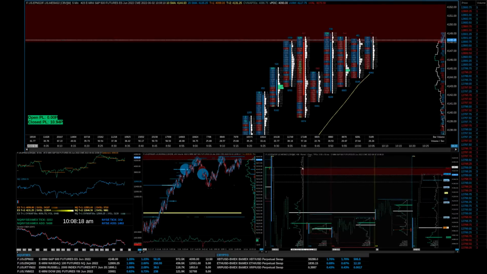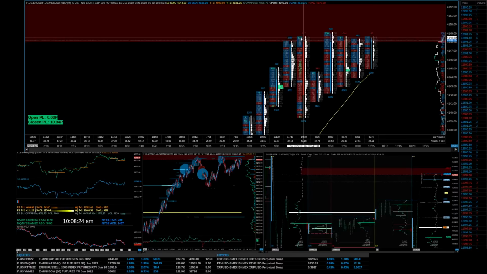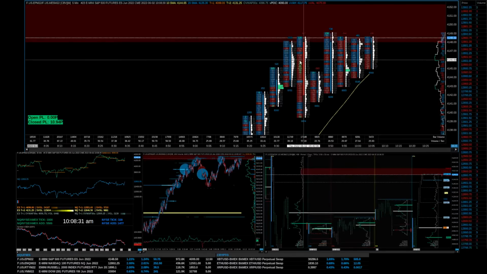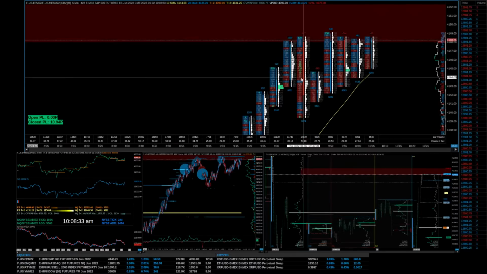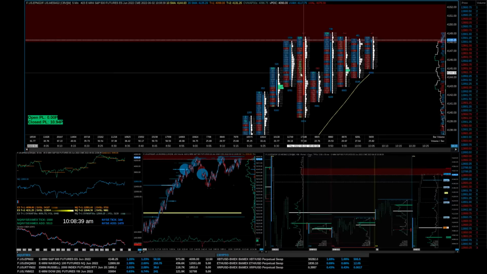So right here, big volume and then pretty heavy volume all underneath. Once we hit into this area, we got a big market sweep. Somewhere in this area they swept it down, which is why you got all these zero prints, highlighted with this bright green on the left side that represents delta.